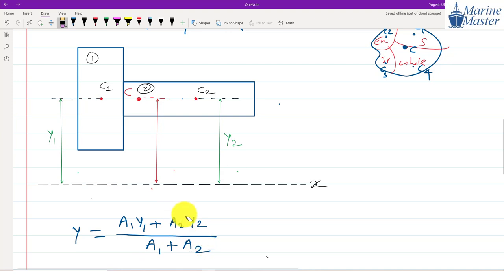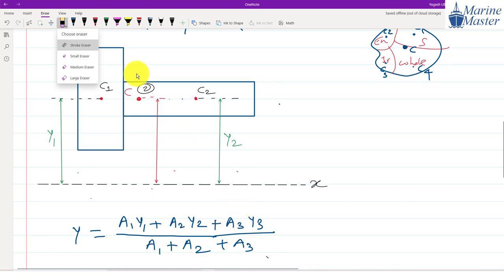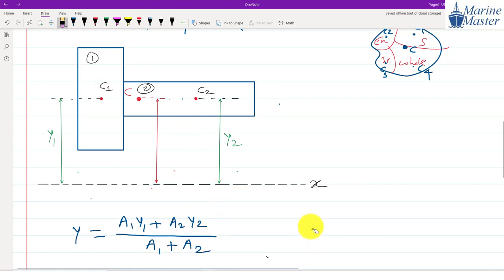If there are 3 areas, then we can take A3 y3. Just imagine that we added one extra area. But we have taken only 2 areas, so that's why I am erasing this portion.